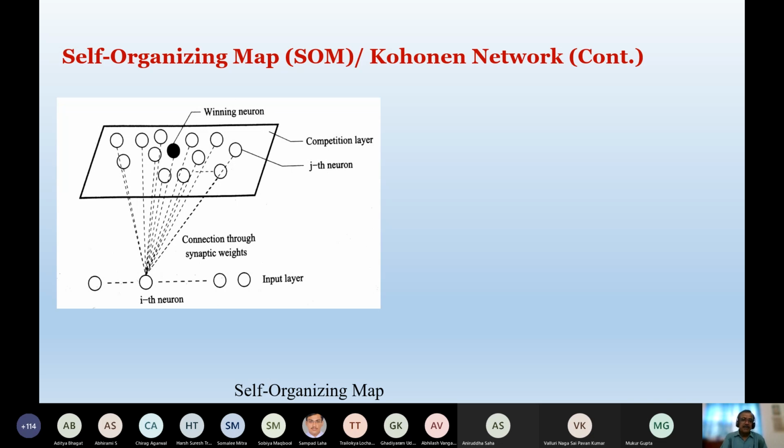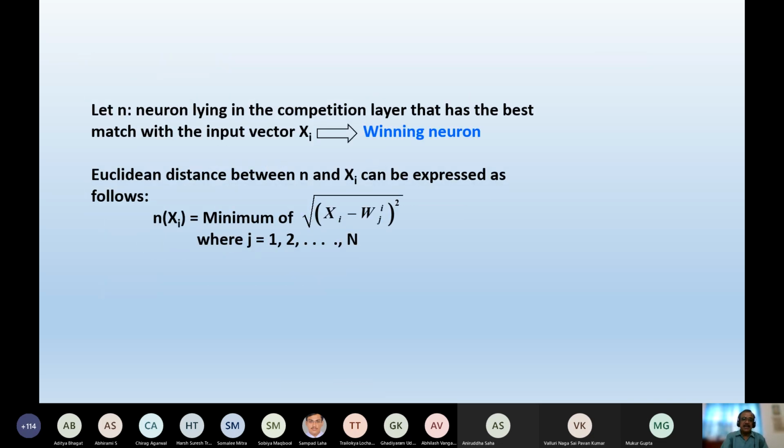Now, if I have generated the connecting weights, can I not find the Euclidean distance between the ith neuron lying on the input layer and all the connecting weights? The answer is yes. Very easily we can find the Euclidean distance between the ith neuron and the connecting weights.